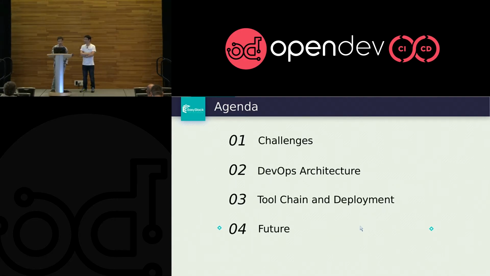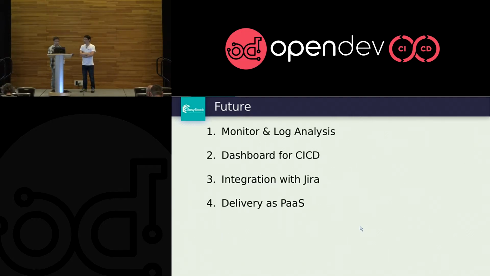Okay, next I will introduce some next step jobs. First is monitoring and log analysis. Monitoring is a basic system. Now we have built some simple monitors to check that our Zuul server and nodepool are running as we expected.